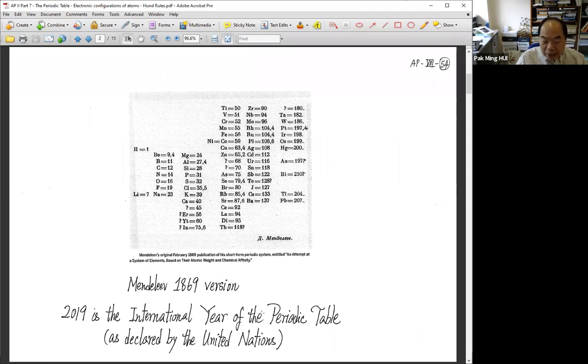This was the 1869 version, kind of the original version of the periodic table. 2 years ago, the United Nations declared 2019 was the International Year of the Periodic Table.